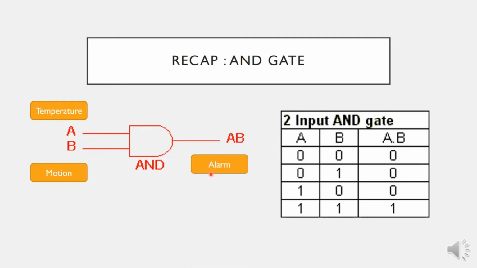In this case, the alarm will sound, which means it becomes high, if the temperature sensor and the motion sensor give a high input. This is a simple example of how we can apply logic circuits and use the truth table to define our operation diagram.